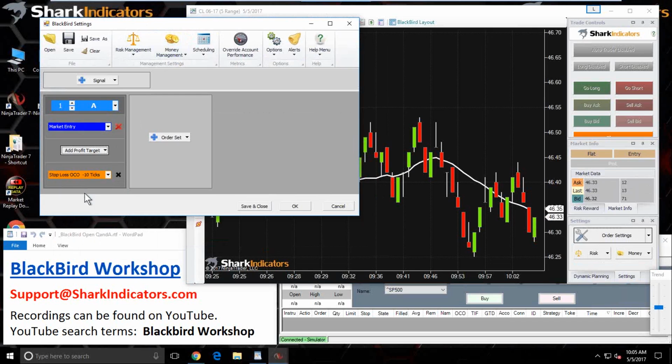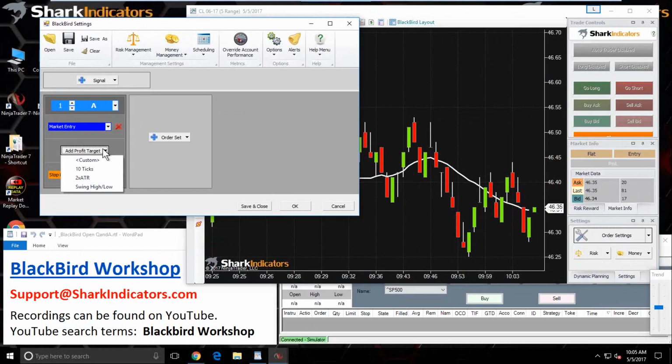So let's just say we know that the stop loss is going to be 10 ticks, or in the way the question was written, if the stop loss is known as an X distance, then is there a way to automatically set the profit target at something like 2x or 3x, 2 times or 3 times the stop loss distance?